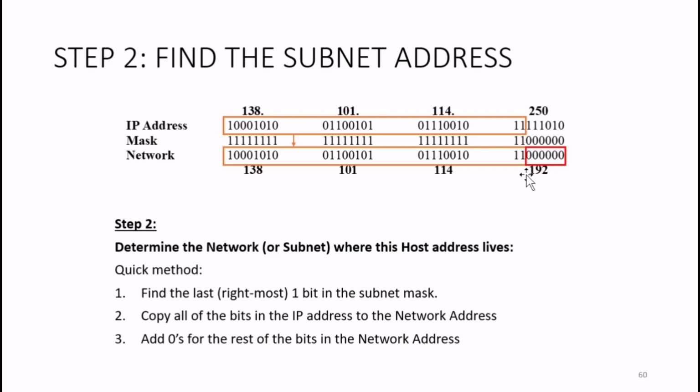After the last 1, all of it is 0, so this is the host, the red part here. So how many bits do you have for the host? 1, 2, 3, 4, 5, 6. So 6 bits for the host.